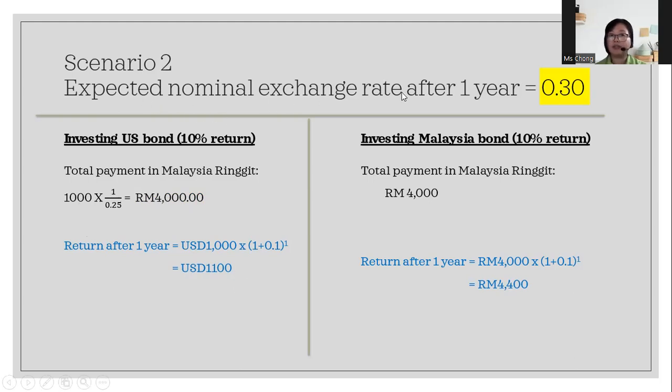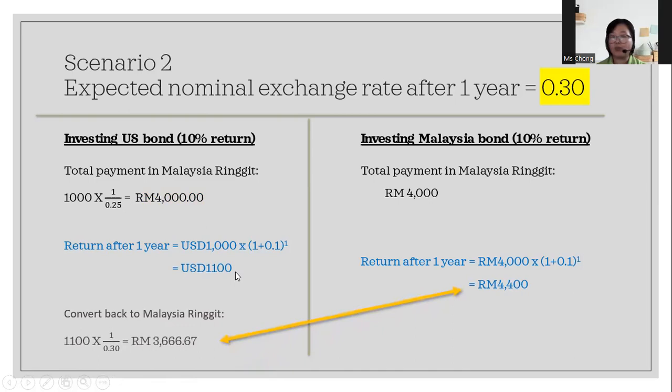Since the expected nominal exchange rate after 1 year is 0.3, when I convert this 1,100 USD back to Malaysia ringgit, I multiply by 1 over 0.3 and get back 3,666.67. Compared with investing in Malaysia bonds, I can conclude that the return on this US bond is lower.